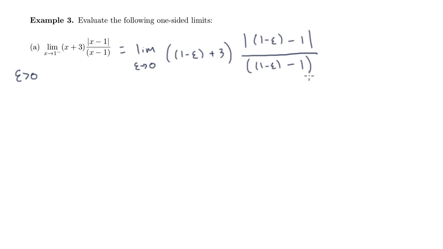Okay, so now, what's our favorite thing to do? Do some algebra. So let's simplify what's going on here. So this is 1 minus epsilon plus 3. So that seems to be 4 minus epsilon.